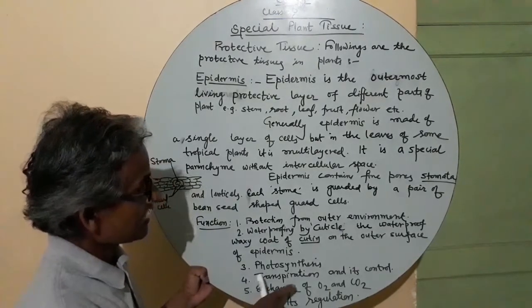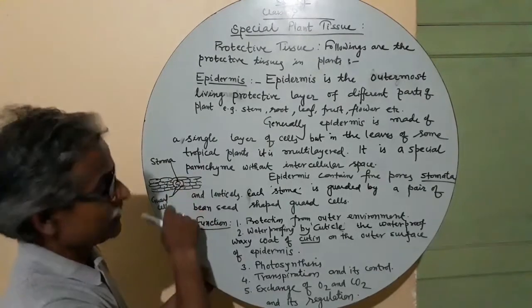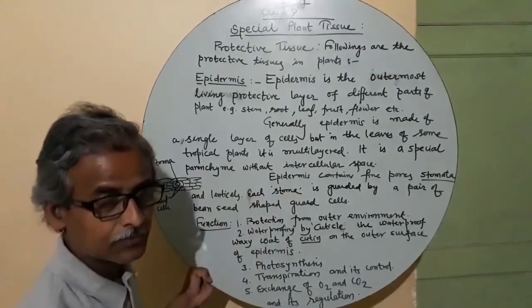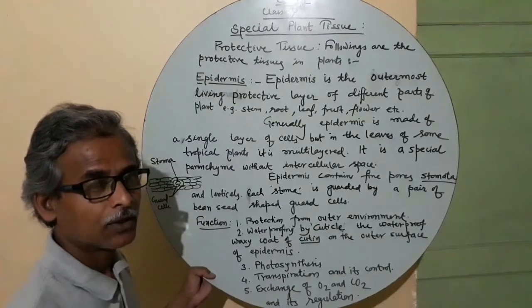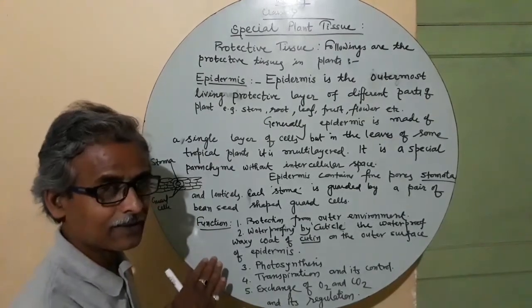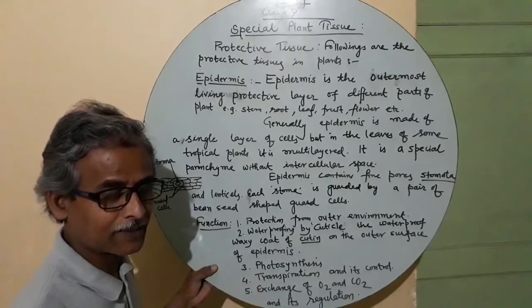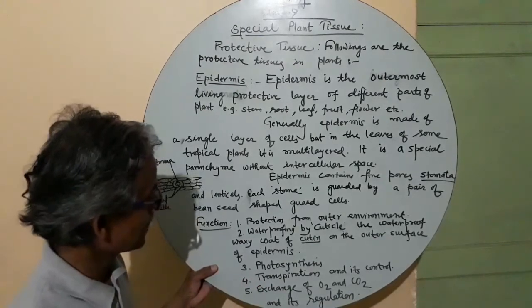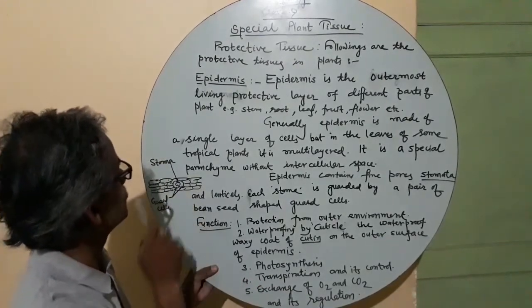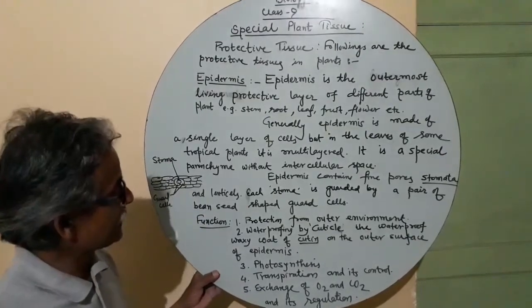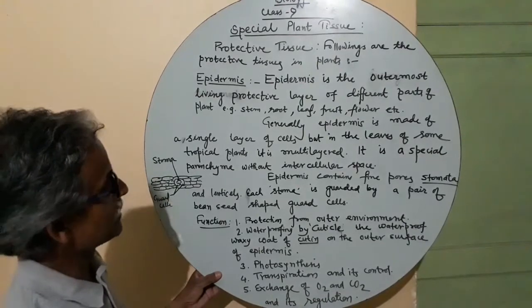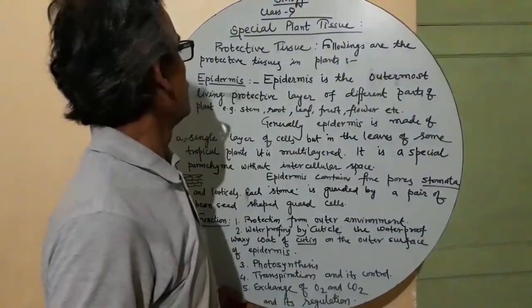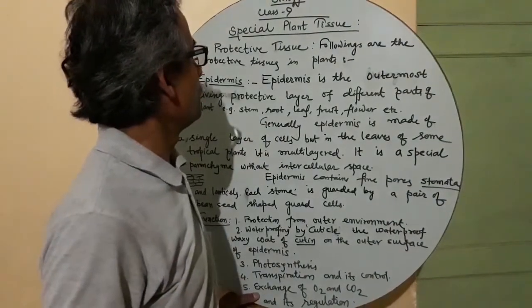And oxygen and carbon dioxide both come into and go out, due to their use inside these cells for respiration and photosynthesis. These also take place through these stomata. That's why exchange of oxygen and carbon dioxide and its regulation is also done by epidermis.